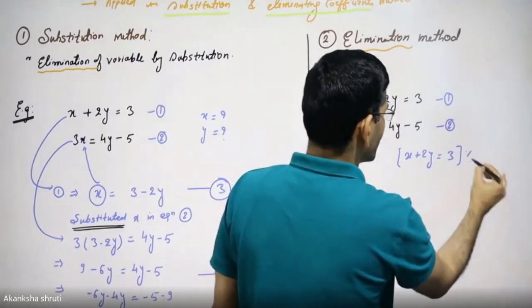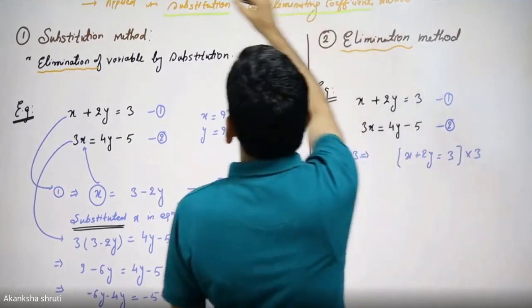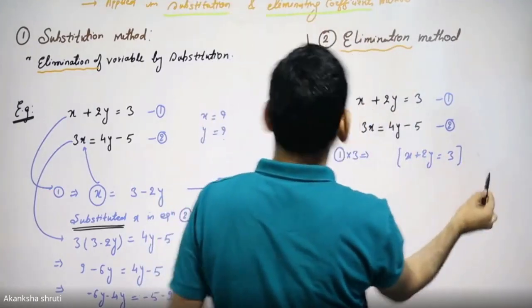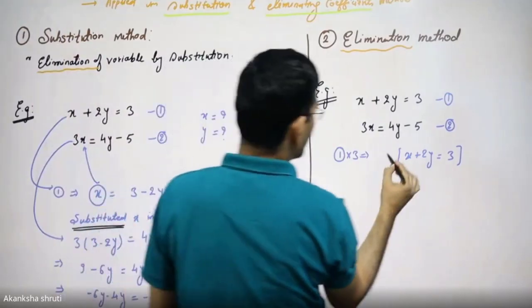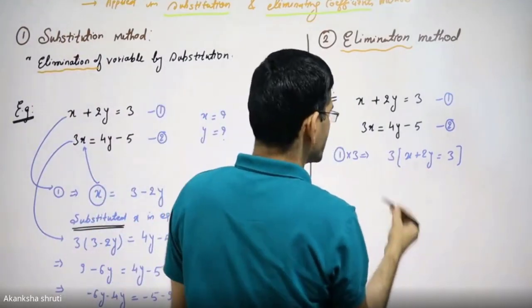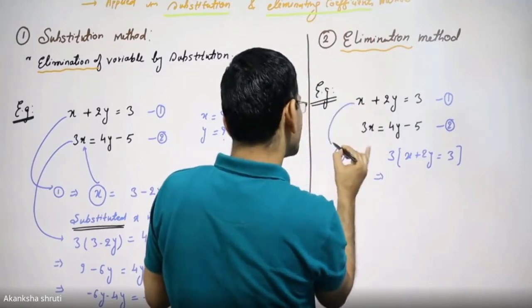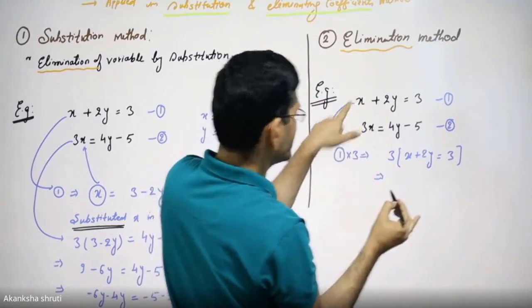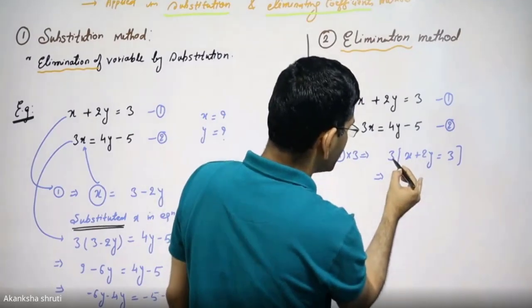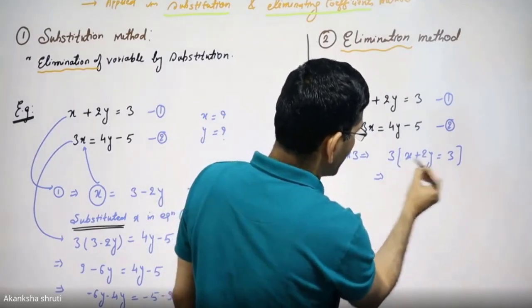You may write it as multiplied by 3, or even keep the multiplication before the bracket. Both mean the same thing. We are doing this operation with equation 1 only, and the 3 needs to multiply with all these terms.